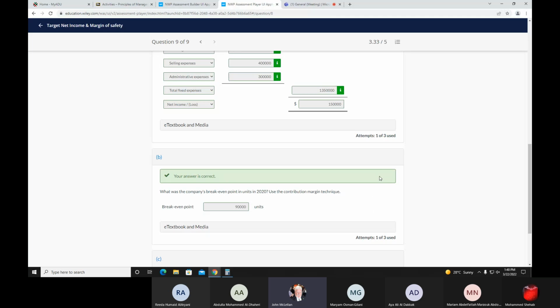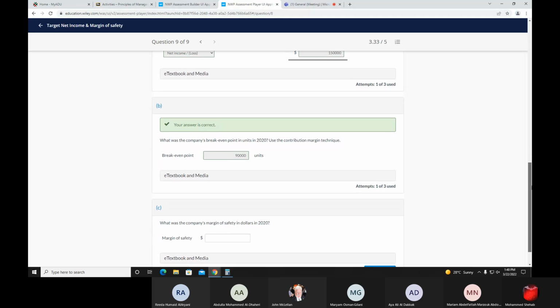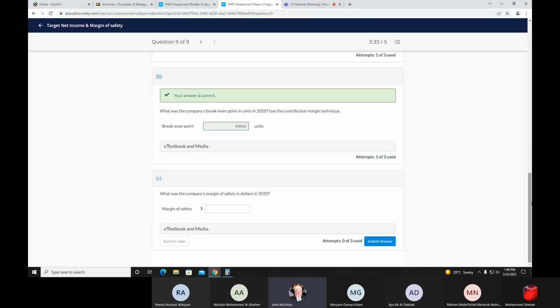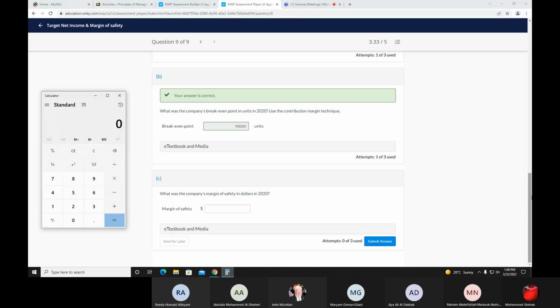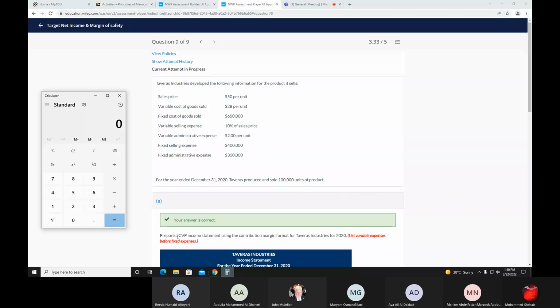Okay. Now they want the margin of safety. So I need to break even in sales dollars. So you can get that by taking the contribution margin of sale. Or you could just take the 90,000 units of break even times the selling price. So that will give you the sales at break even.